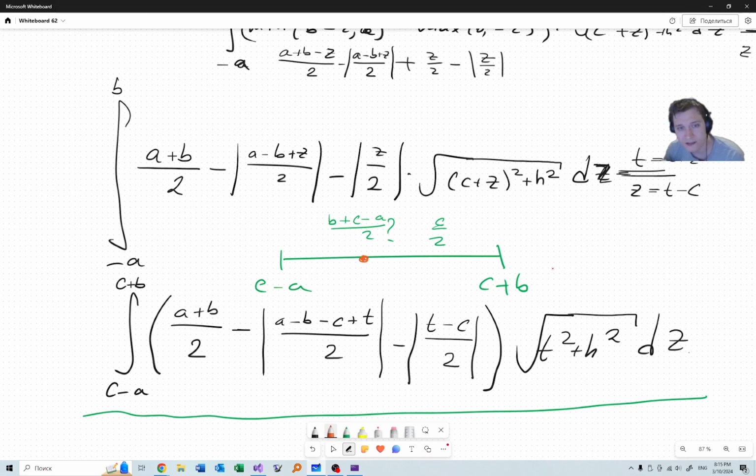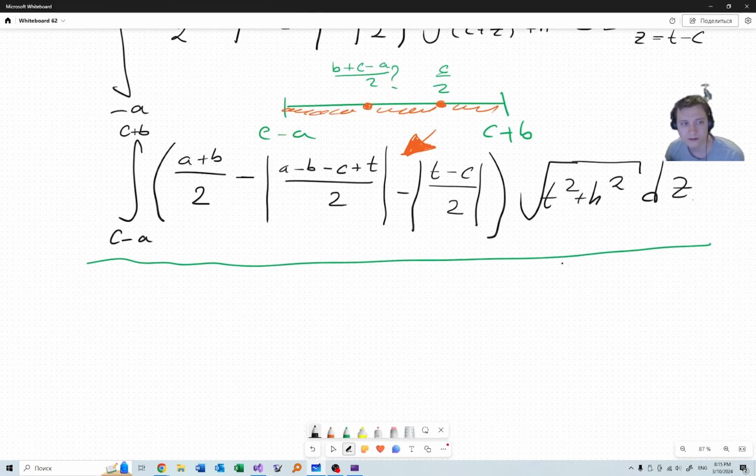We somewhere add these points. After that, we have 1, 2, or 3 segments. On each of them, this function is a linear function. And since it is a linear function, it can be calculated.